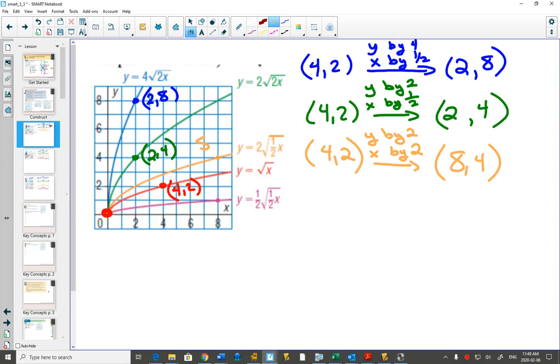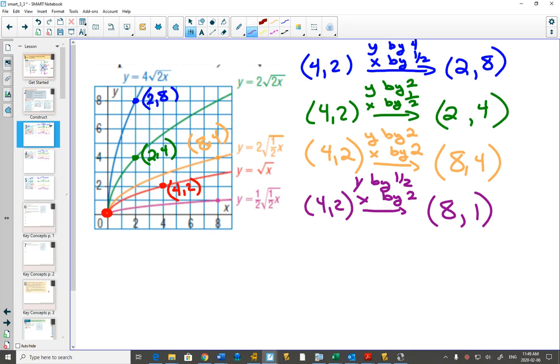And finally in purple, the half on the outside means that y is multiplied by half. The half on the inside means x is getting multiplied by 2. And we're going to get 8, 1.